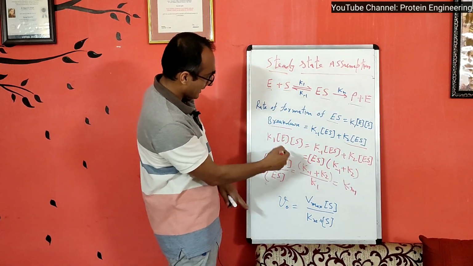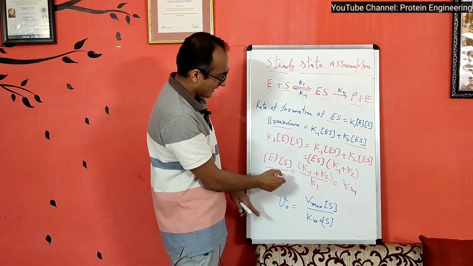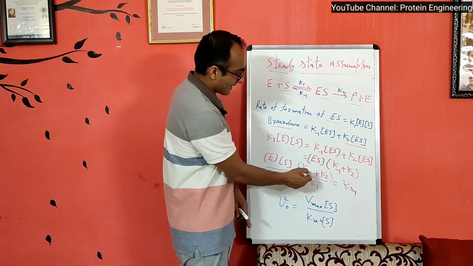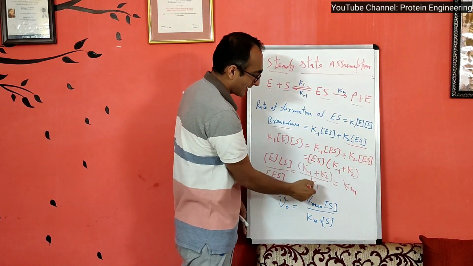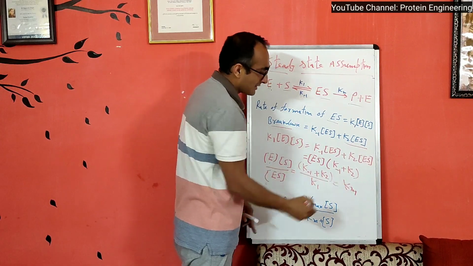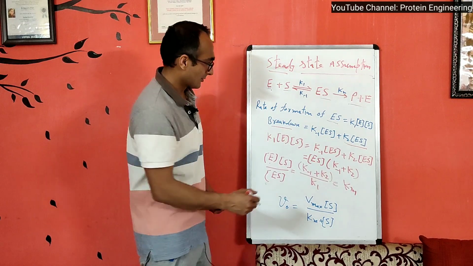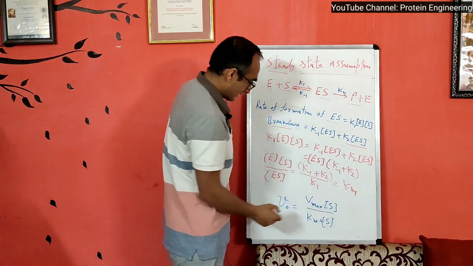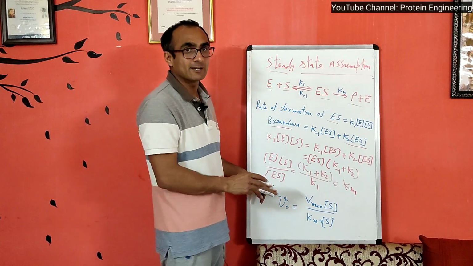So if you bring them together, the concentration of E times S divided by ES would be equal to K minus 1 plus K2, divided by K1. And now this is called Km. Km is the Michaelis constant.